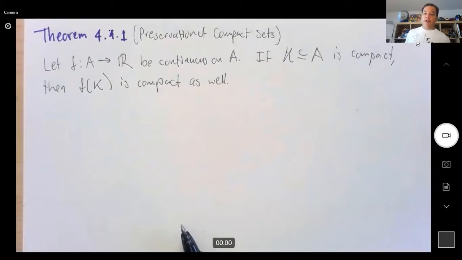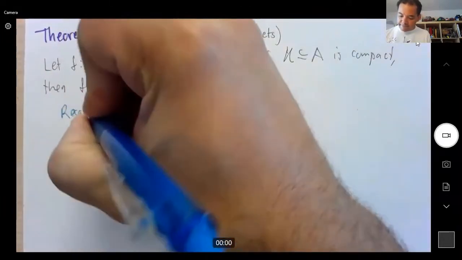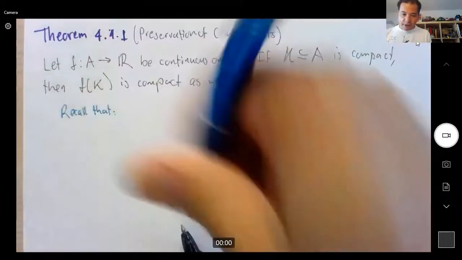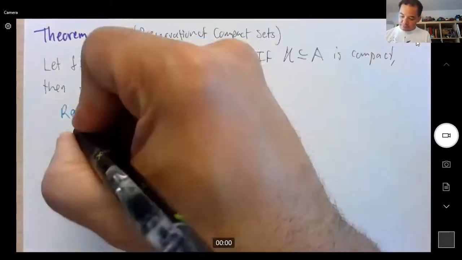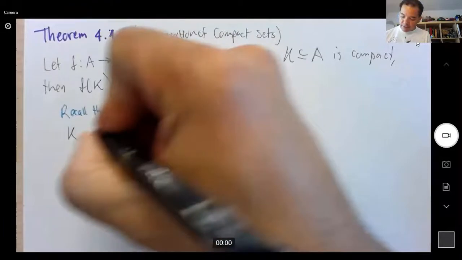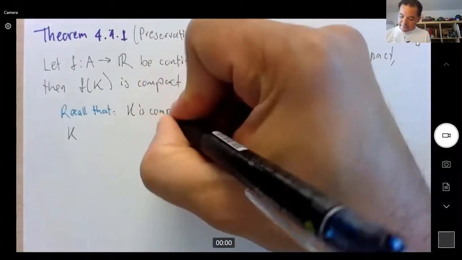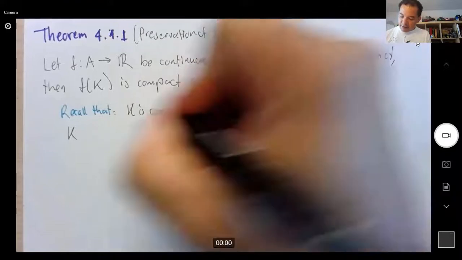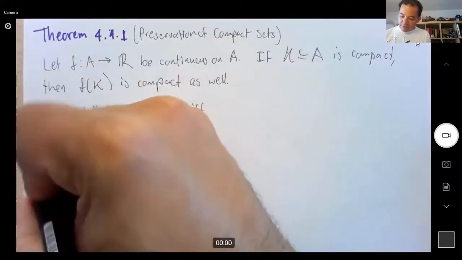Now let's briefly recall what we mean by a compact set. We had three possibilities, right? K is compact if and only if all of these three are equivalent.